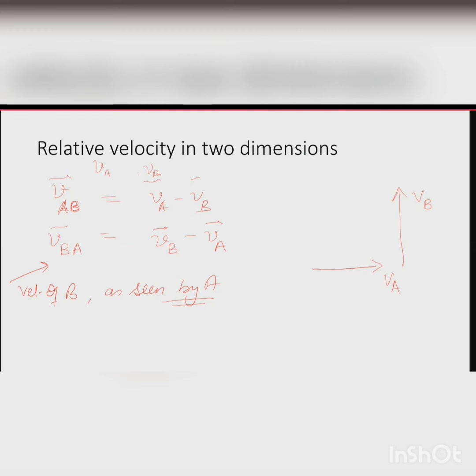So how will B see the motion of object A? For that, what do I do? Because I have to do vector addition now. What would be VA minus VB in this case?